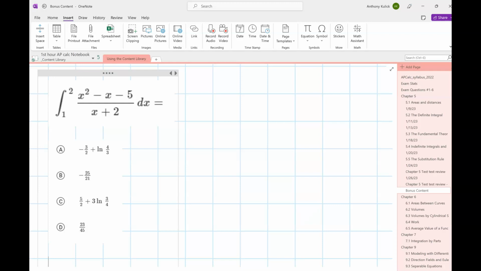Can anybody do this without having to do the calculus? Mr. Kulik can. It is possible to do this without doing any of the calculus if you're looking at the right thing. Now, this is fundamentally more difficult than the previous one because it's a definite integral, so the answer is purely numeric. Also makes it more time-consuming to do it by hand in a time setting.